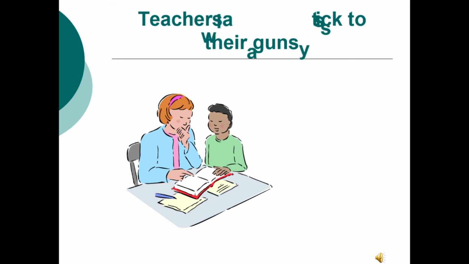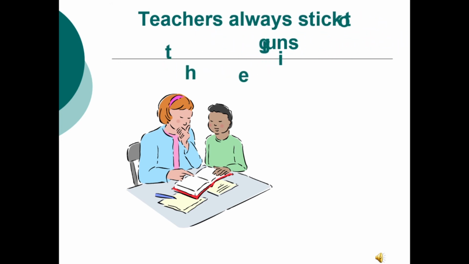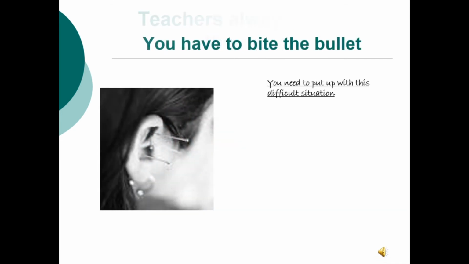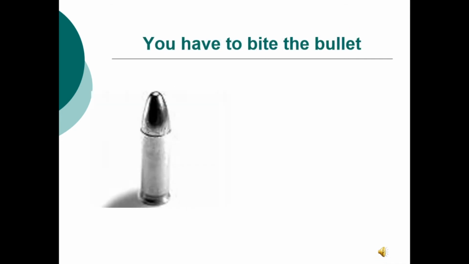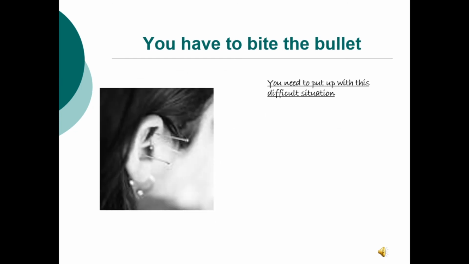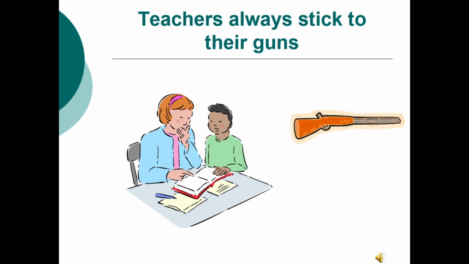Teachers always stick to their guns. To stick to one's guns, as we can see, first of all, we have a photo of a gun. A gun, we use it to shoot a bullet, like we spoke about earlier. It comes out of a gun.